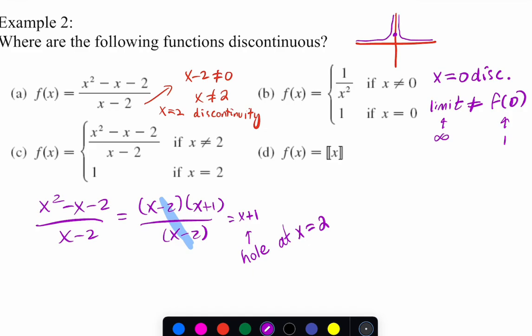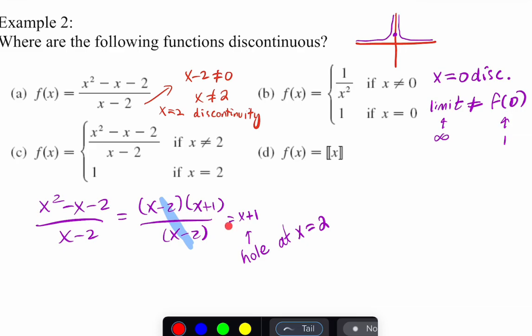If we plug the hole in the correct location, then we're fine. But what is this line defined at if x is equal to 2? Where is this line going if x is equal to 2?